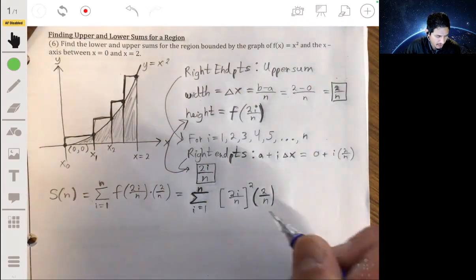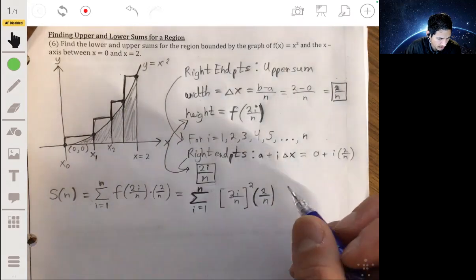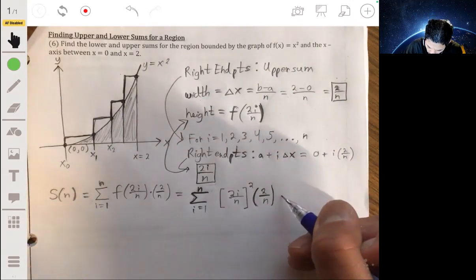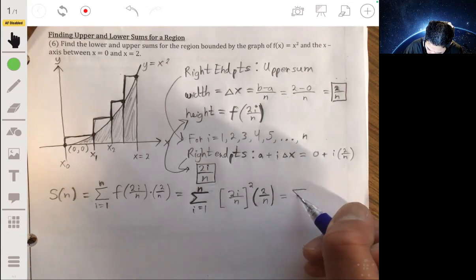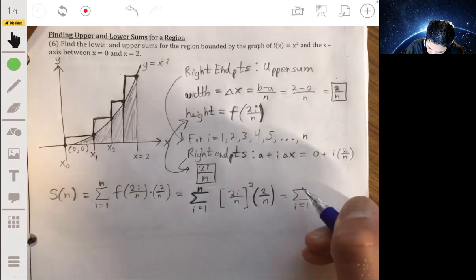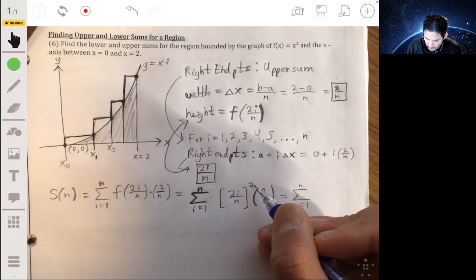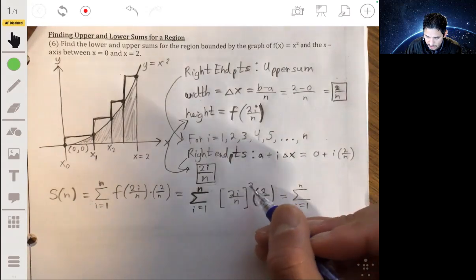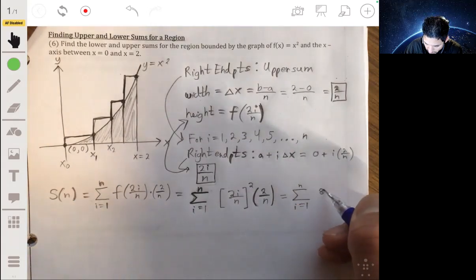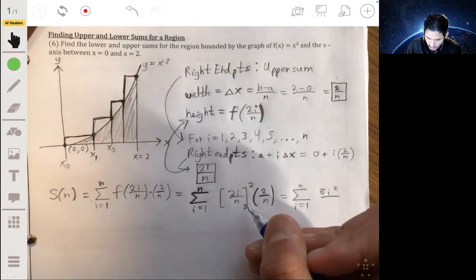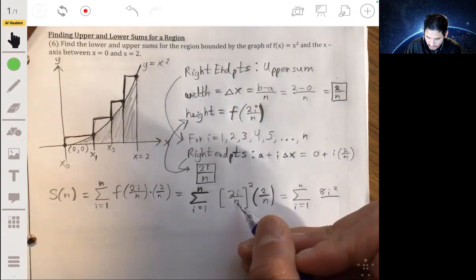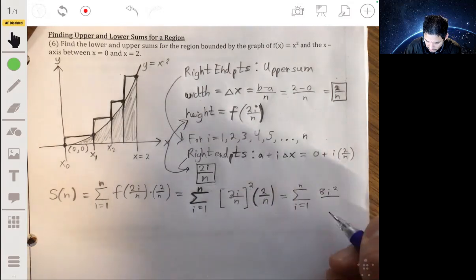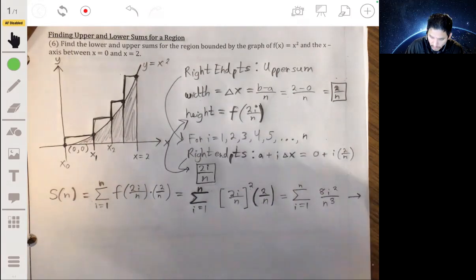Okay, and then we've got to work this out. So what would happen here is we're going to get the sum from i equals 1 to n, 2i squared, that'll be 4i squared, times 2. So what we're going to have is 8i squared over n squared times n, because it's n squared times n, so over n cubed.